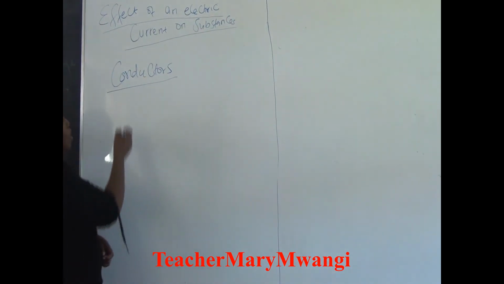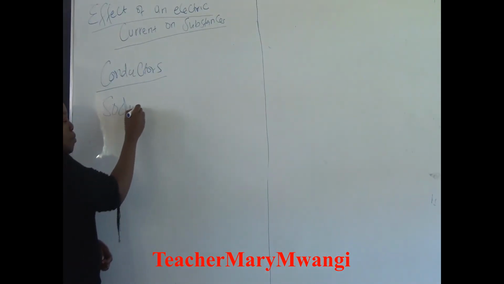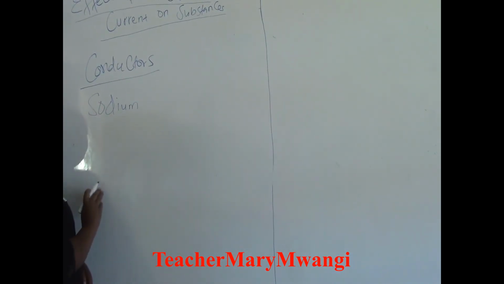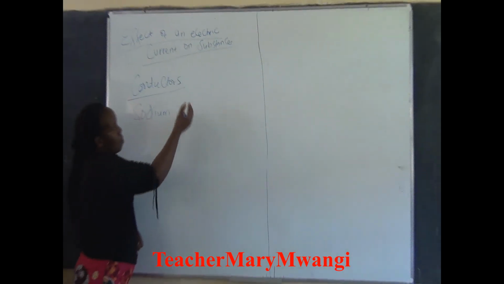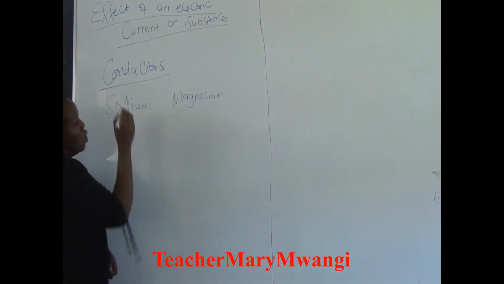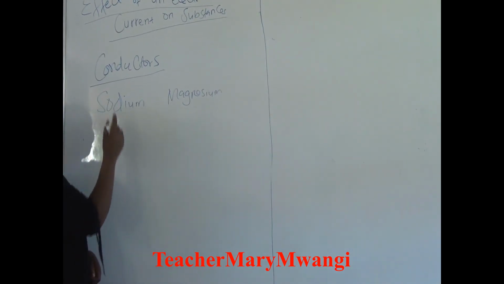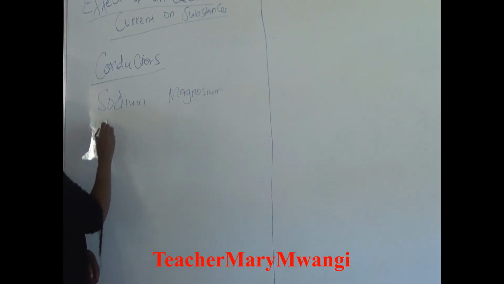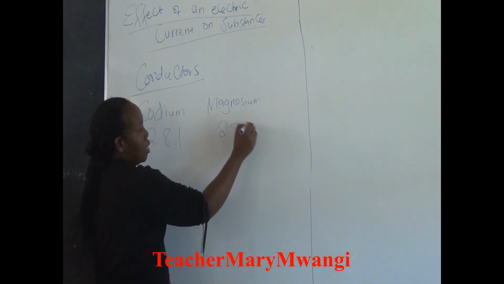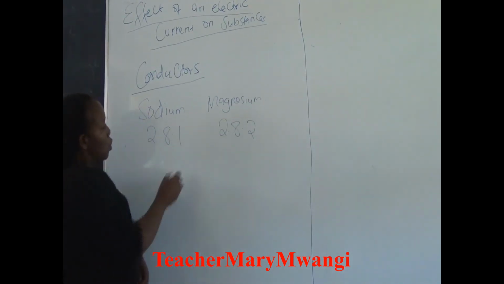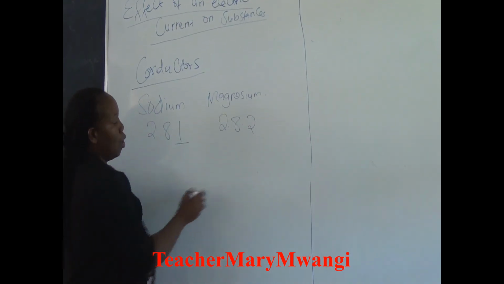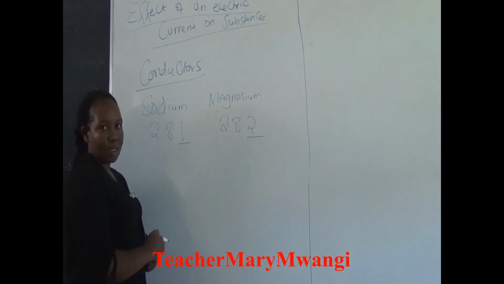For example, if you take sodium metal, compare its conductivity with another metal like magnesium. Sodium metal, being in group 1, has got 1 delocalized electron. Its configuration is 2,8,1. That of magnesium is 2,8,2, being in group 2. So this shows us that sodium metal has got only 1 delocalized electron, whereas magnesium has got 2 delocalized electrons.